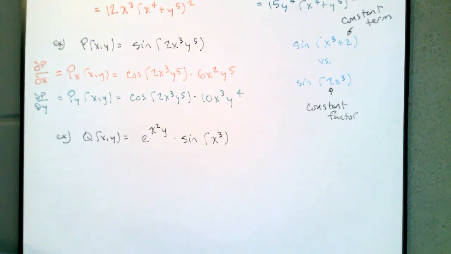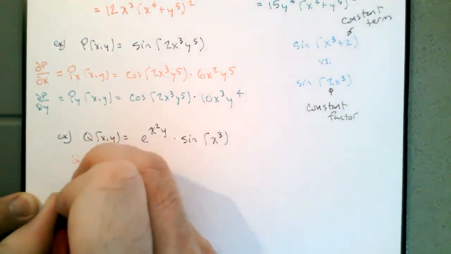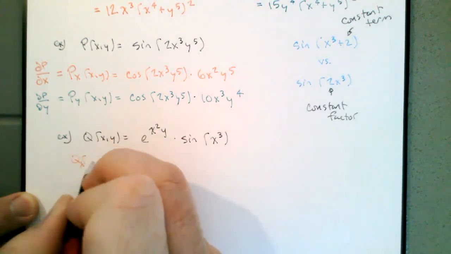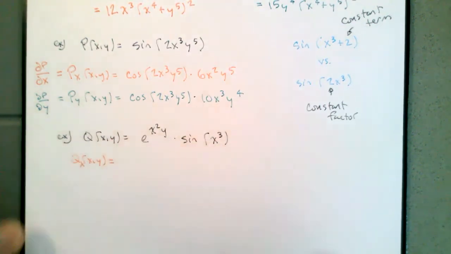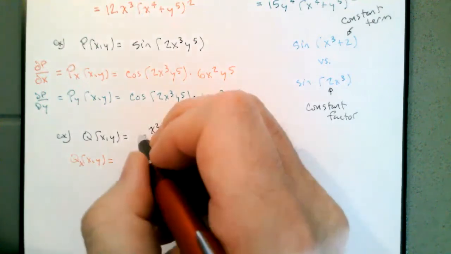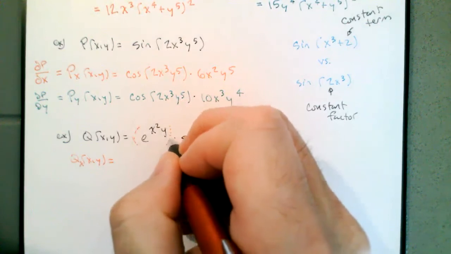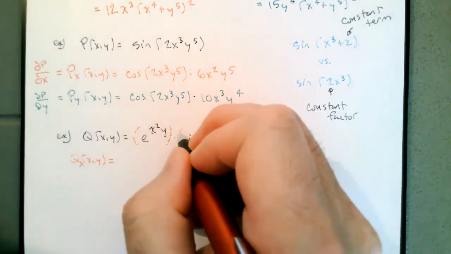When I find qx of xy, I'm going to have to use the product rule, because I have one function of x times another function of x.